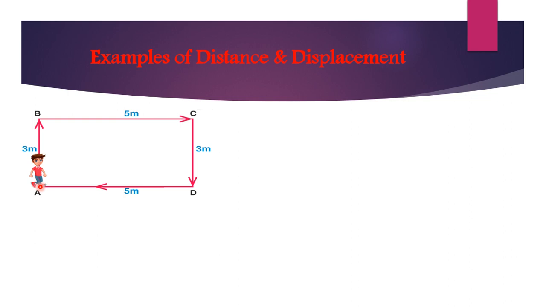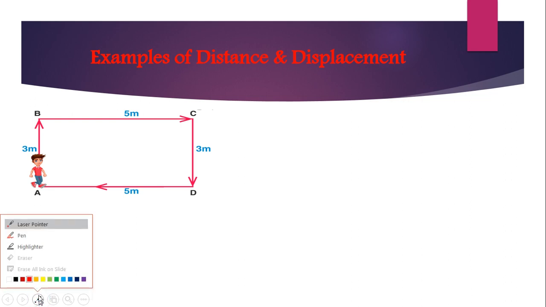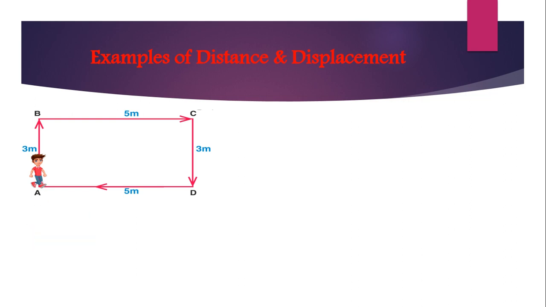In the same example, let's consider this boy starts from position A and then reaches position C. What will be the distance and what will be the displacement? When the boy starts from position A and reaches position C, the total path length that he has covered is 3 meter plus 5 meter, which is 8 meter. So the distance covered by this boy will be 8 meter.